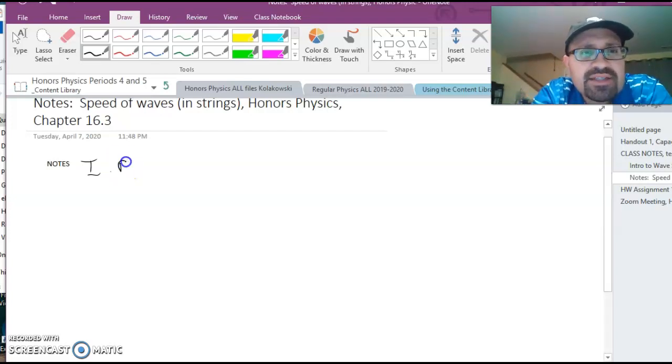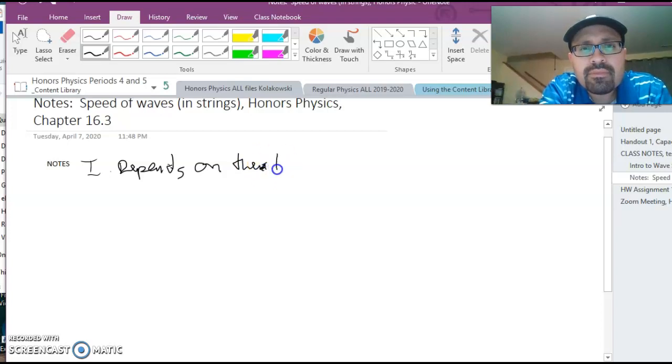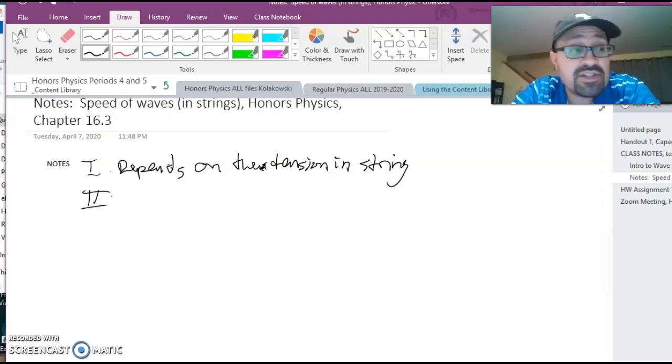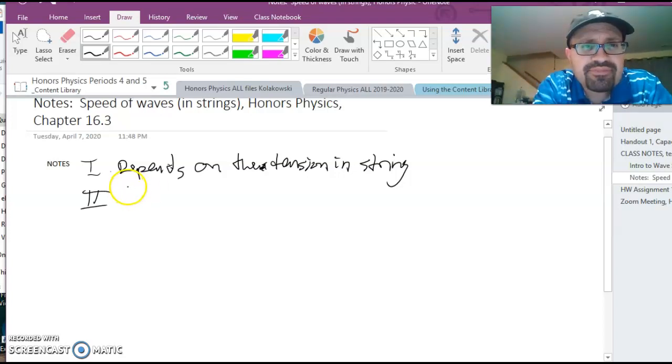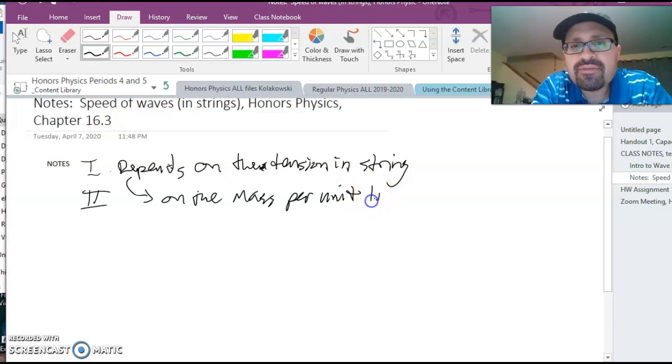It depends on the tension in the string, okay? The other thing that makes a big difference for the speed of the wave through that rope or guitar string, whatever it is you're looking at, is it also depends on the mass per unit length of the string.